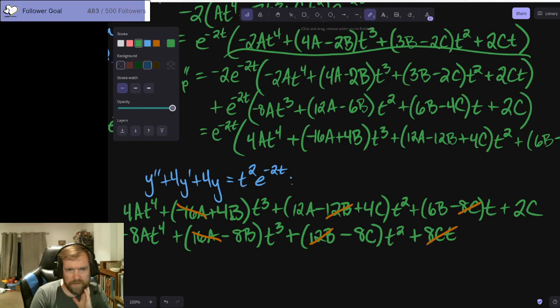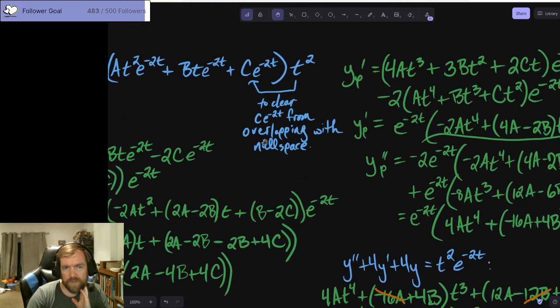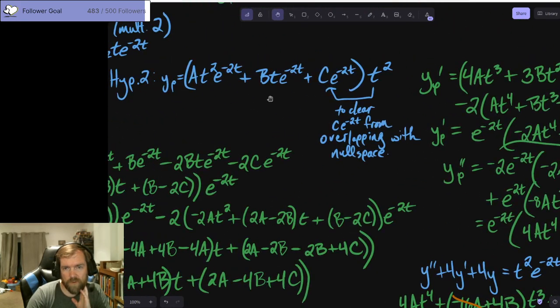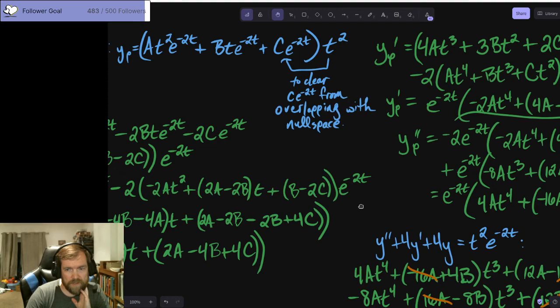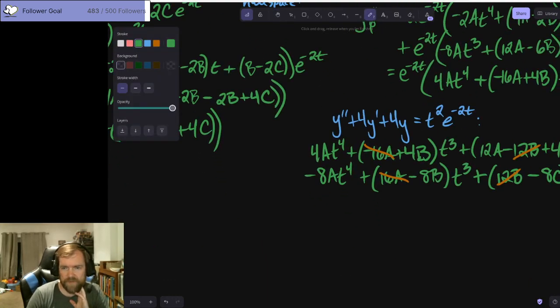Then 4 of the original solution, 4 of these with the t squared in its appropriate locations. So 4a t to the 4th. Okay, yep. Stuff drops out. That's okay.